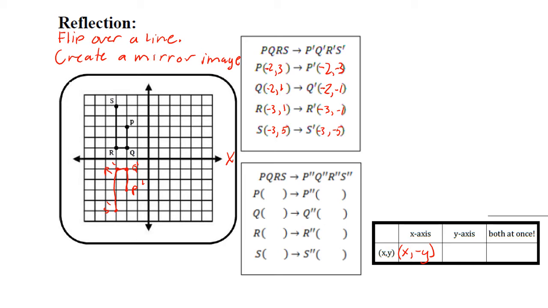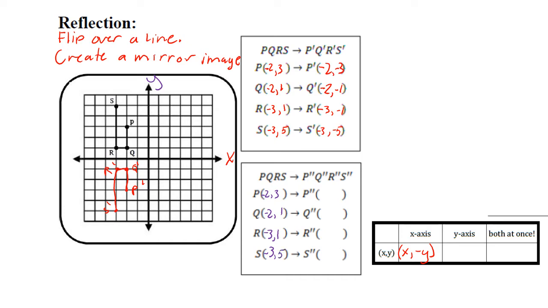Now, I can also go across the y-axis. Again, we're starting with the original pre-image, PQRS, so I'm just staying with the original points. I'm going to rewrite those back in, PQRS, starting back at the original pre-image. Okay, now we're going to reflect across the y-axis.